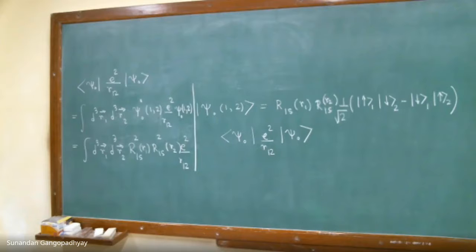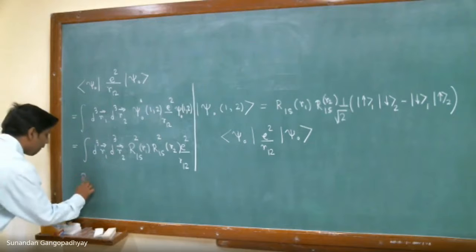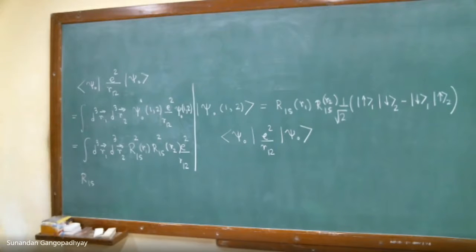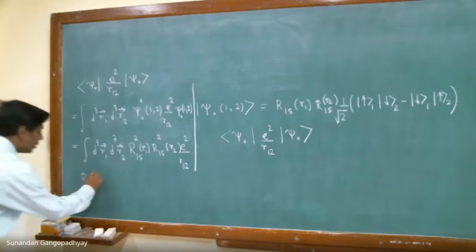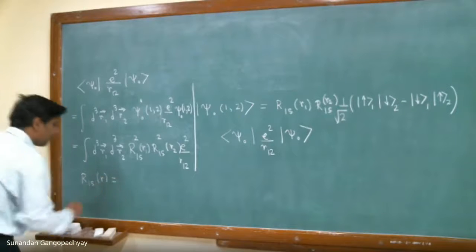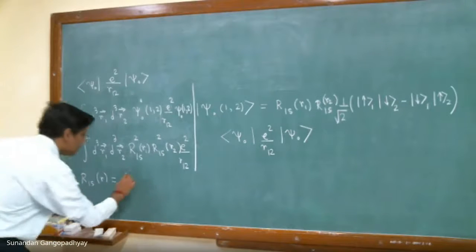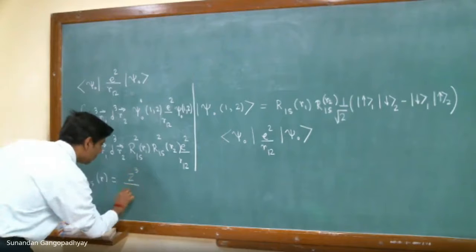So this is the thing that we shall get from here. And now you know the radial functions. The radial functions are given by the following expression. This is Z cube by pi a cube.